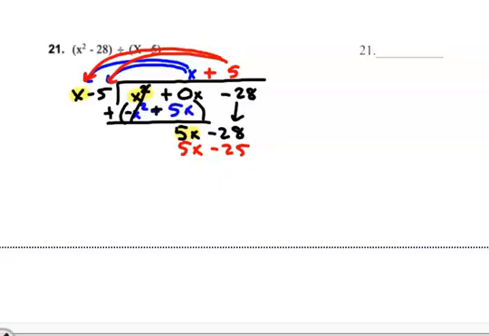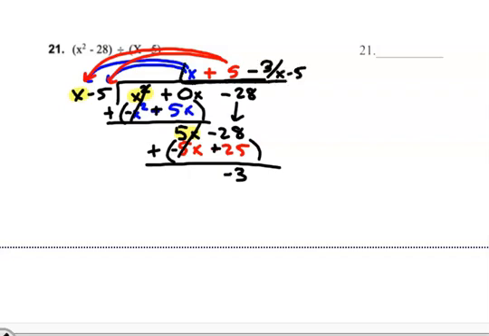Okay, be careful here, but parentheses, subtract, add the opposites. The 5x's are gone. Negative 28 plus 25 is negative 3, and that's our remainder. Negative 3 over x minus 5. So our answer for this one is x plus 5 minus 3 over x minus 5.